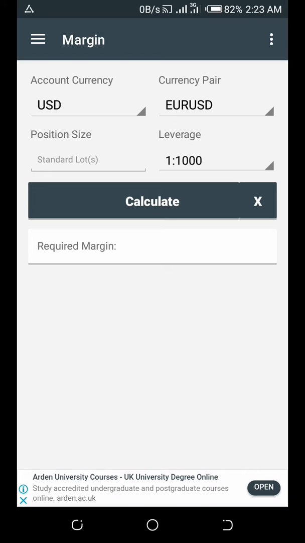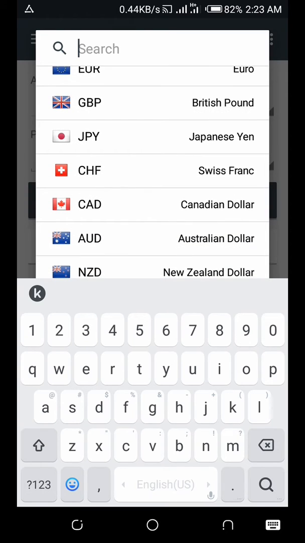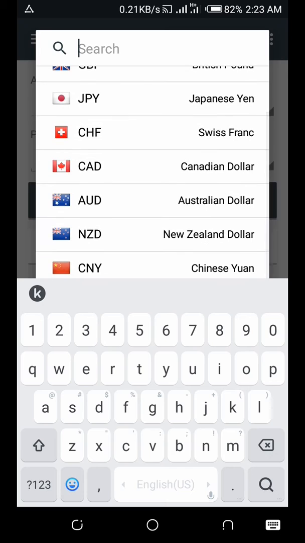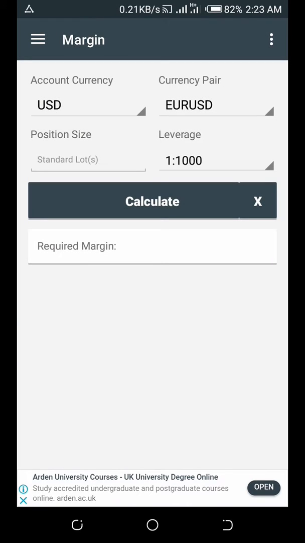So whenever we're having an event, for instance, now I'm having an AUD event. We have a lot of accounts. We have some with USD, some with Euro, some with GBP, some with JPY, and some with CAD. My own account is USD. After clicking on USD, I want to trade the AUD event.